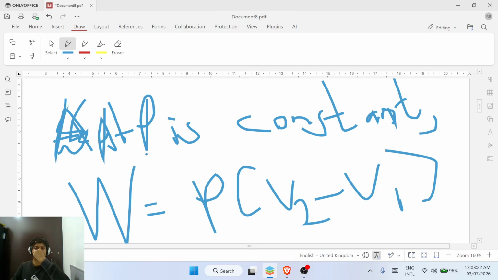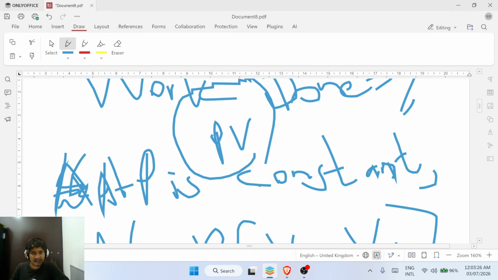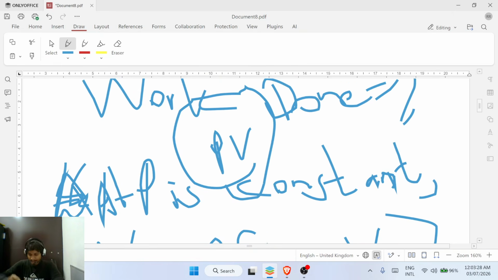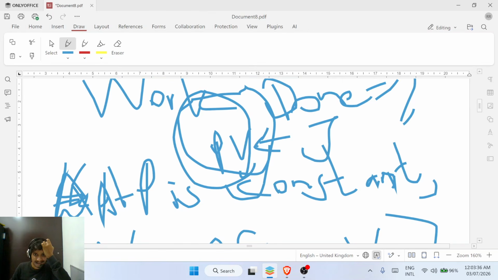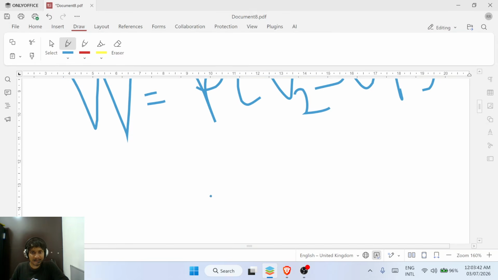In our early classes, we already discussed and proved that the unit of PV is joule. This is the equation of energy. Therefore, W is equal to P into V2 minus V1.